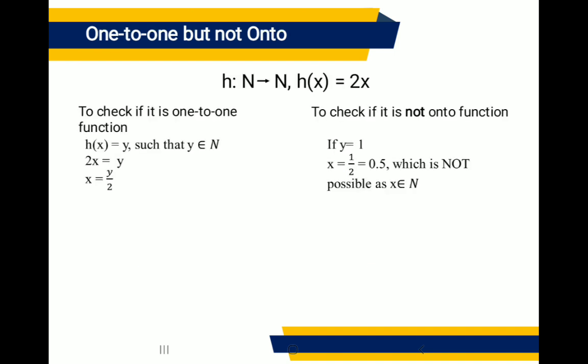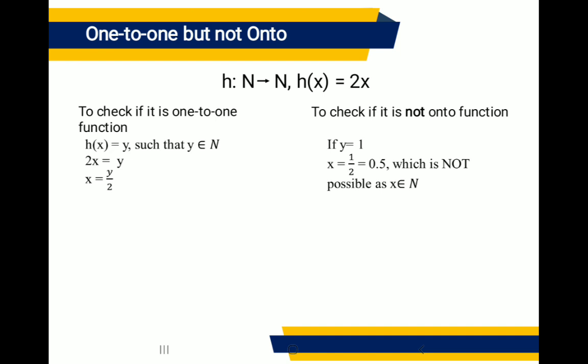Next, for algebraic. So, h is a mapping of natural numbers to natural numbers, then h of x is equal to 2x. To check if it is one-to-one function, so h of x is equal to y, such that y is an element of natural numbers. So let 2x is equal to y, so x is equal to y over 2.